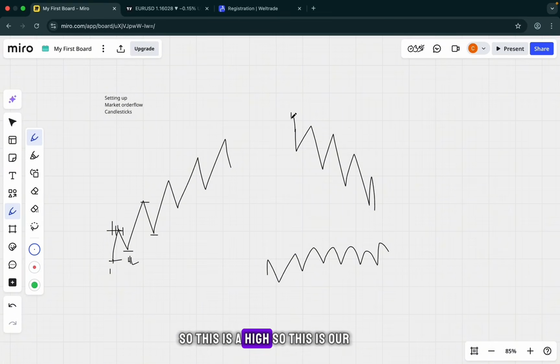So this is a high. This is our lower high. Lower low. Lower high. Lower low.